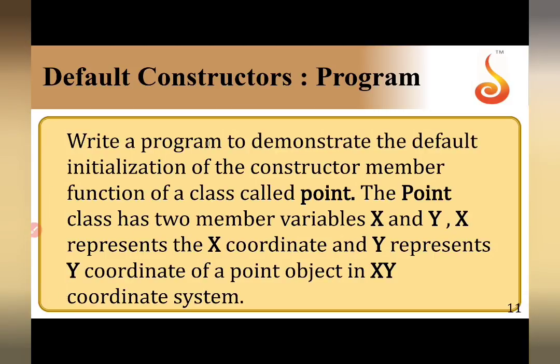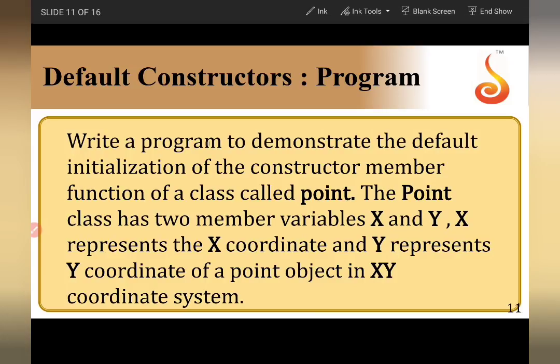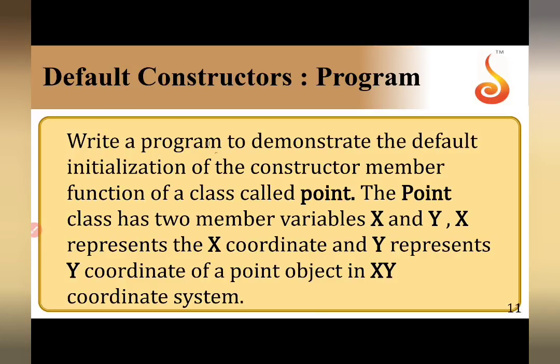Now we will do one program for default constructor. This is the statement of the program. Write a program to demonstrate the default initialization of the constructor member function of a class called point. So what is the name of the class? The name of the class is point.